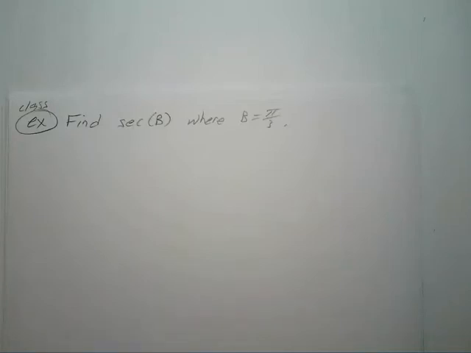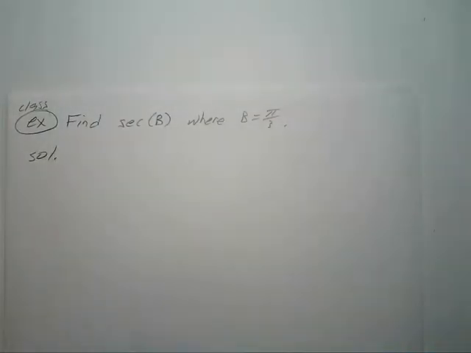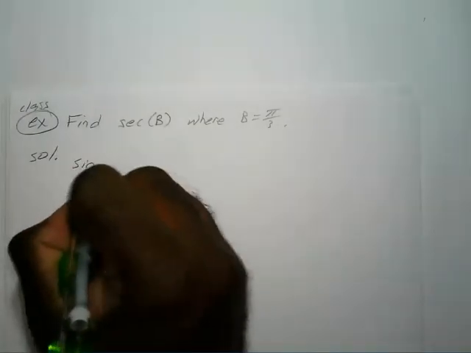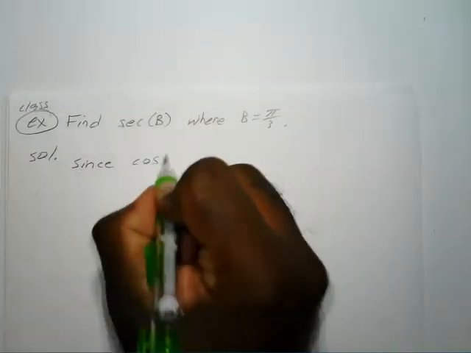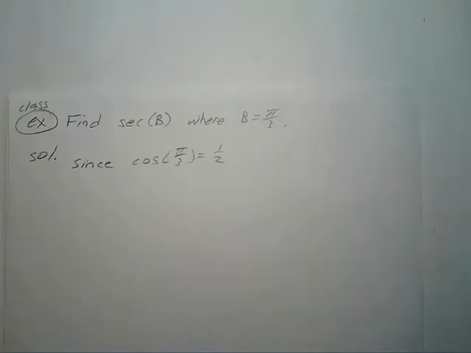Alright, so I'm assuming you have pressed pause and you are all done. So let's go ahead and verify your answer. Okay, so we know that cosine of pi over 3 is 1/2.